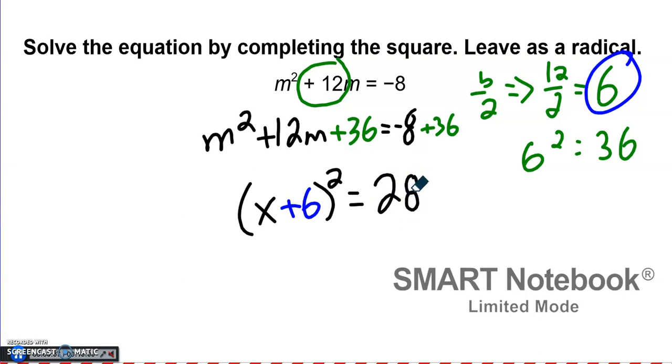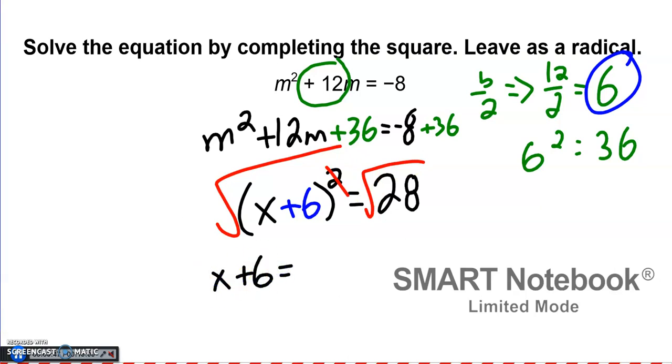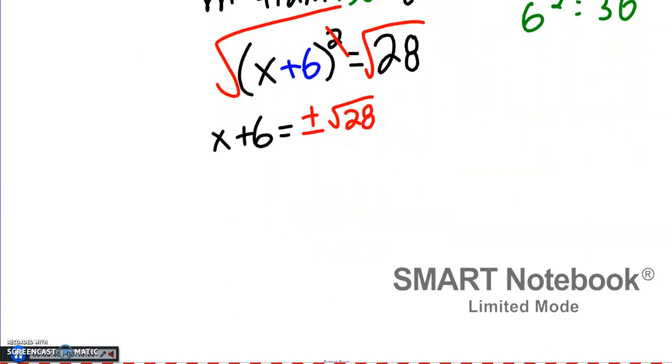We now need to simplify because we want to get that m plus 6 all by itself. So we take the square root of both sides. We get m plus 6 is equal now to plus or minus the square root of 28. We can simplify the square root of 28.